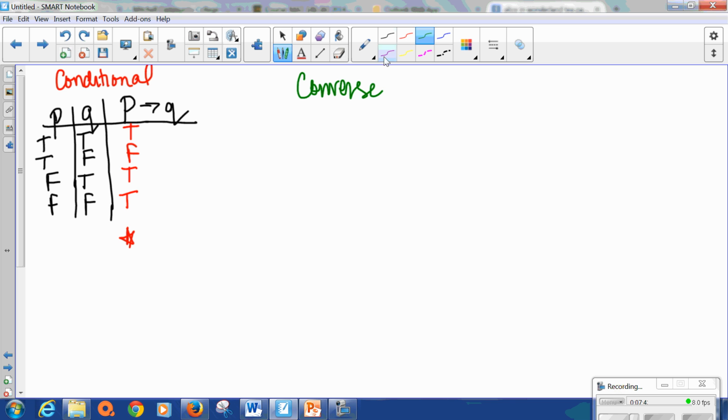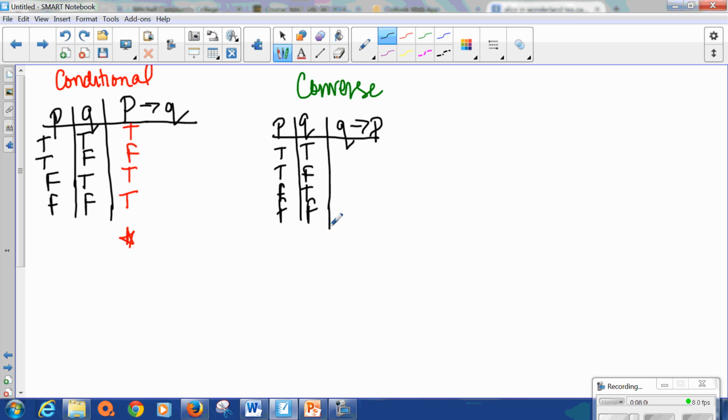So the converse, keeping the same setup here, P, Q, true, true, false, false, true, false, true, false. But now we're going from Q to P. So our one-way street has flipped directions.